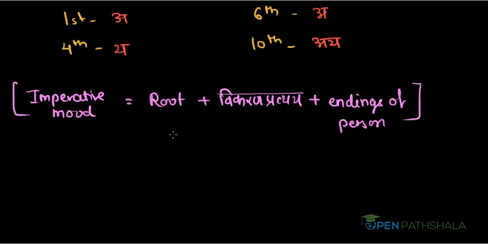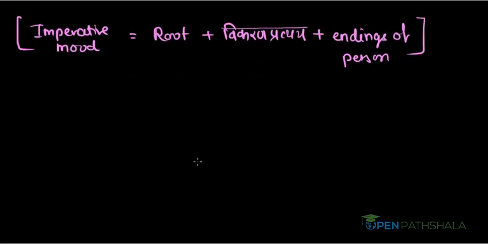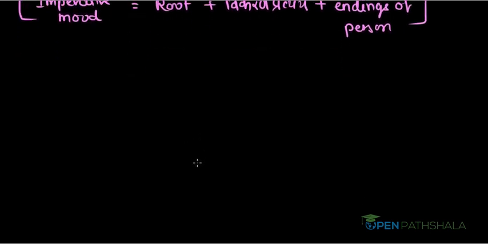For this, we need to understand which endings of person are used to make imperative mood form. They are again of two types, PP endings and AP endings, just like we have in present tense and past tense. First, let us see what are PP endings.